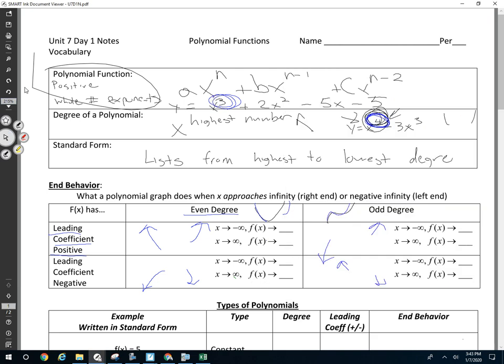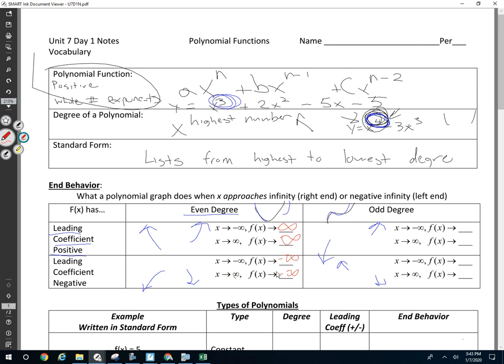We will fill in infinities always for these answers, and it's based on our shape. If I'm going up, I'm approaching a positive infinity for my y's. If I'm going down, I'm approaching a negative infinity for my y's.